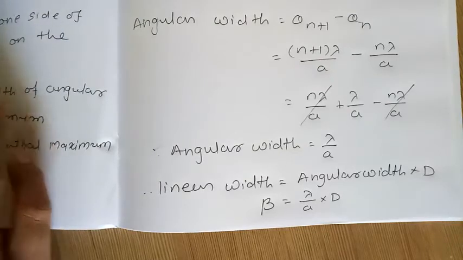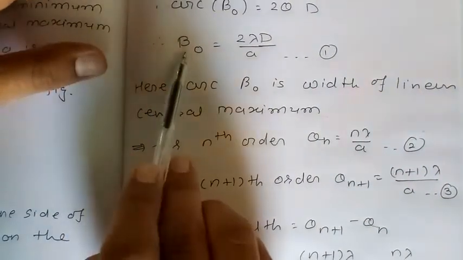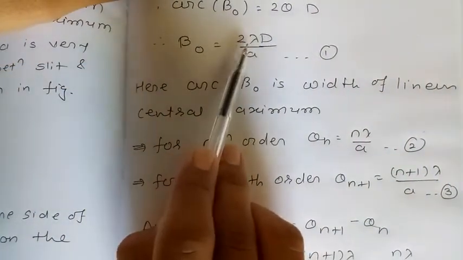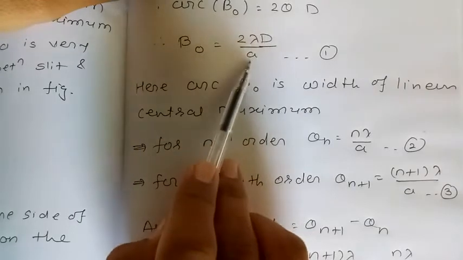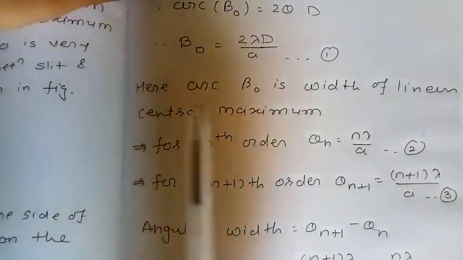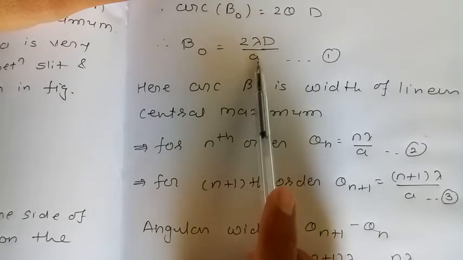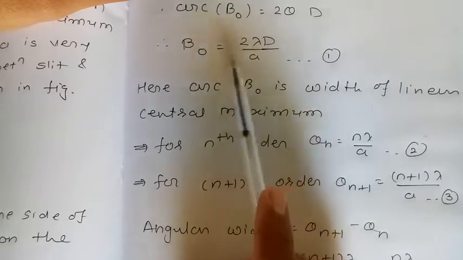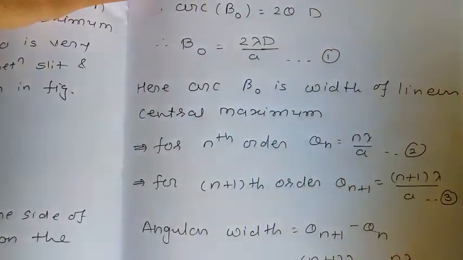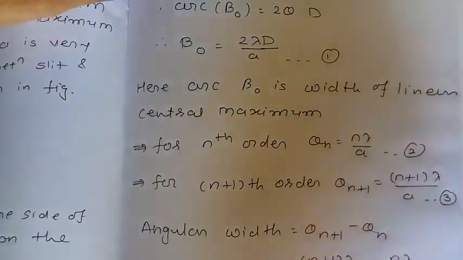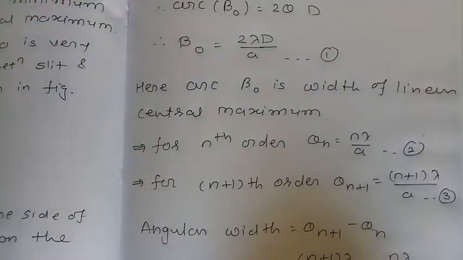See here friends, beta 0 is equal to 2 lambda capital D by a. So if we have to find out lambda capital D by a, we can say that lambda into capital D by a is equal to beta 0 by 2, from equation 1.